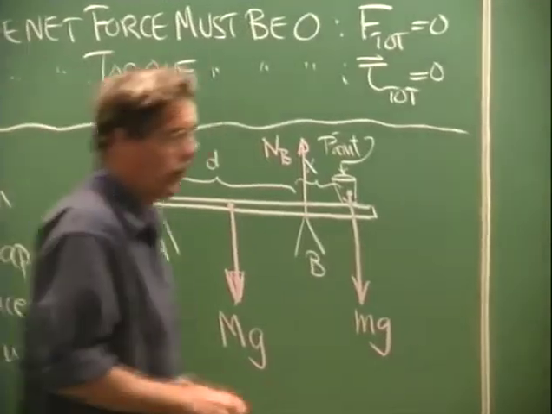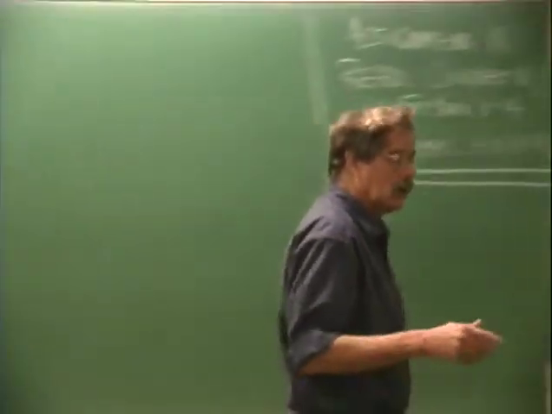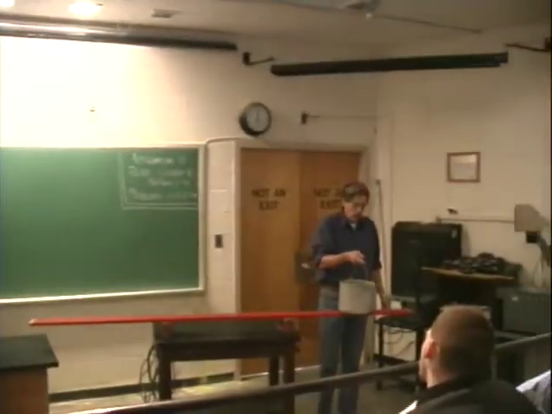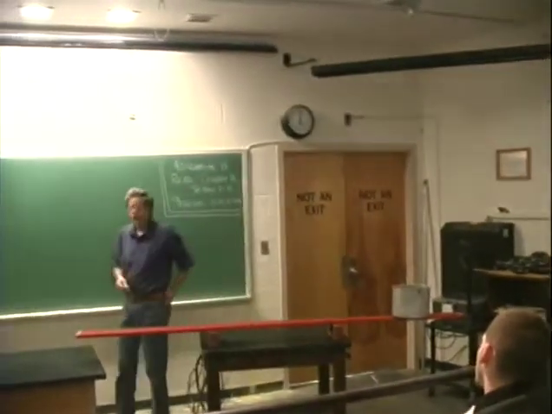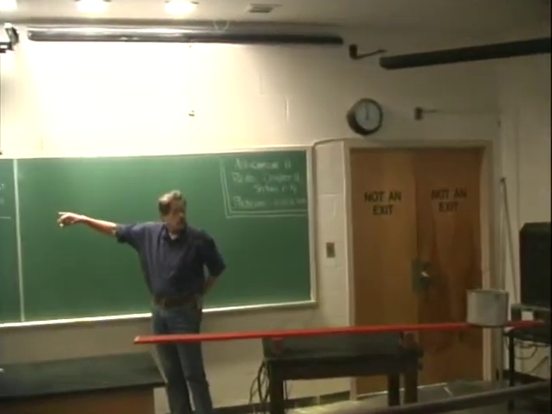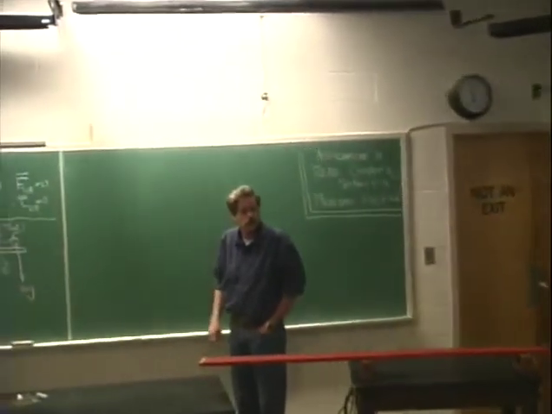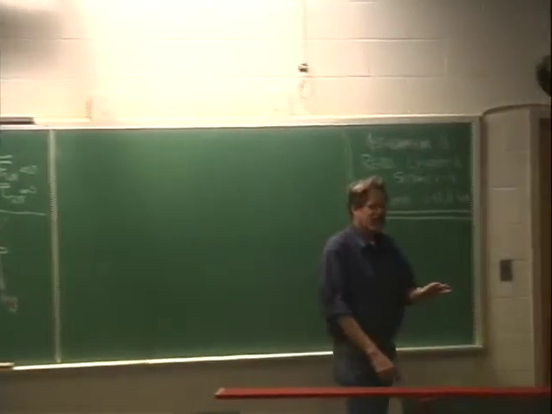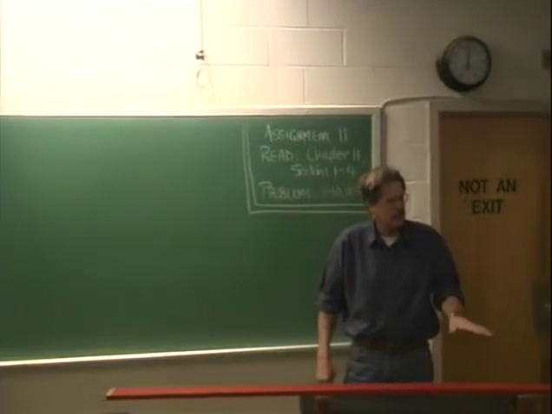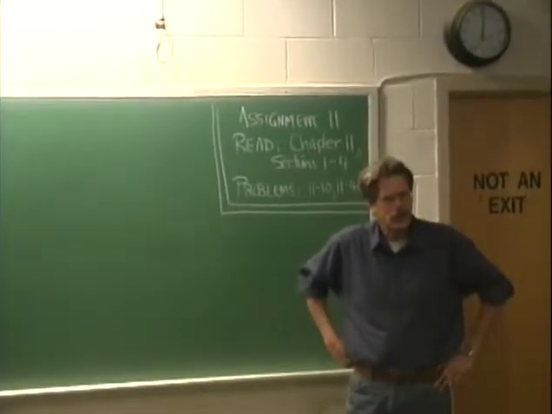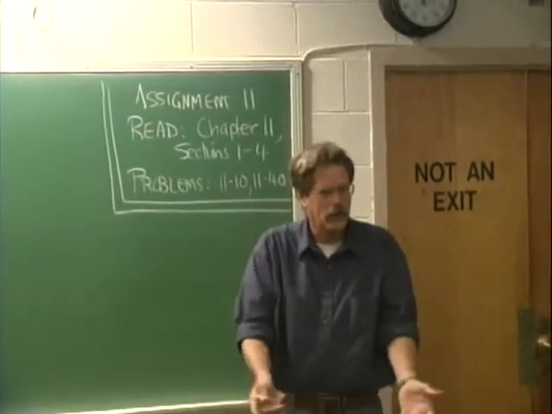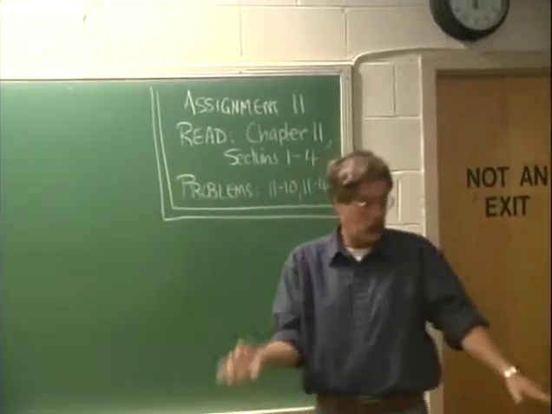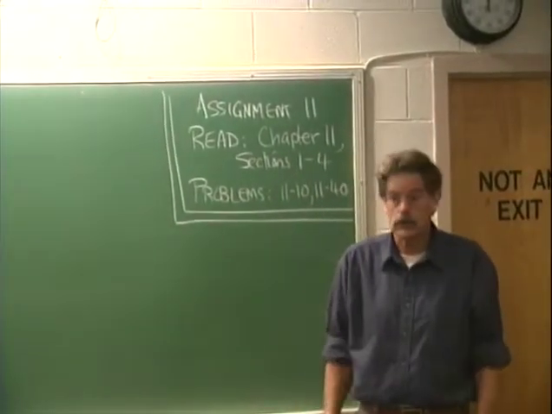So far, so good? Now, as long as this thing is not moving, which is what we want, then those forces must add up to 0, and the torques must add up to 0. If you're like me, at this point you say, wait a minute, I understand that the forces are equal to 0. What's torque got to do with this problem? There's no wheels here or anything like that. Well, it's not rotating, so the total torque's got to be 0.